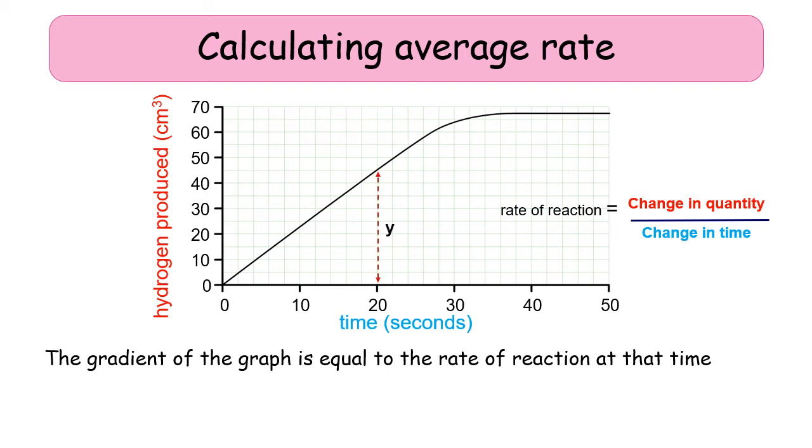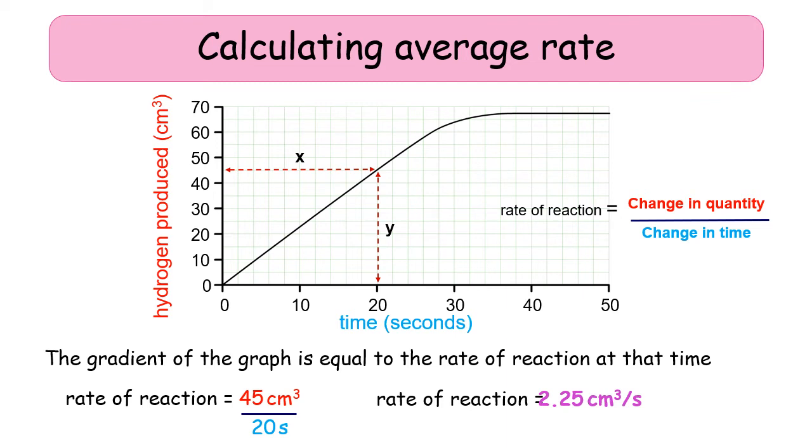On this graph, if we're looking at the rate between 0 and 20 seconds, we go to 20 seconds, we look up on the graph, and we can see that the amount of gas produced then was 45 centimeters cubed in 20 seconds. So it's 45 divided by 20, which gives us 2.25 centimeters cubed per second.